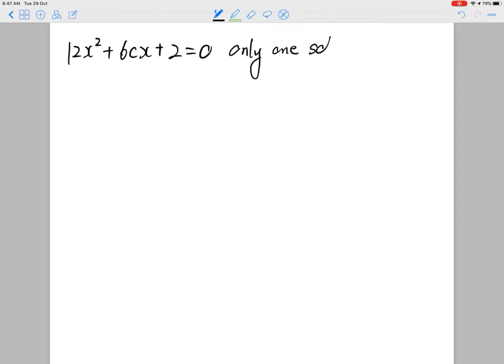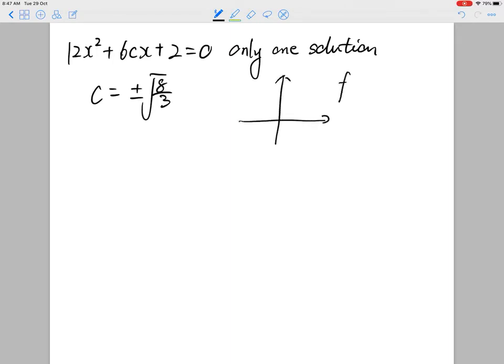When it only has one solution, which means your c is positive or negative square root of 8/3. Okay, then you check its second order derivative.